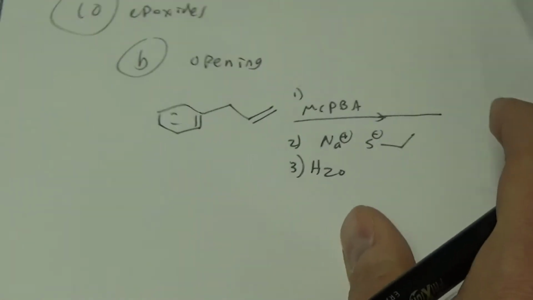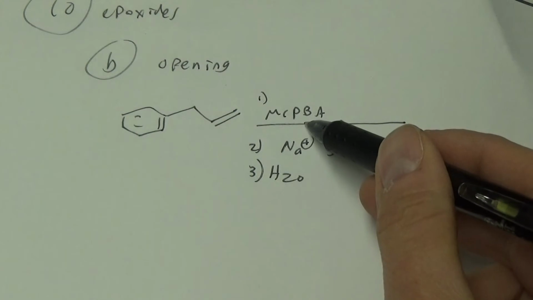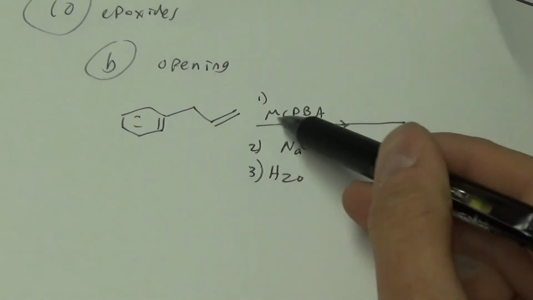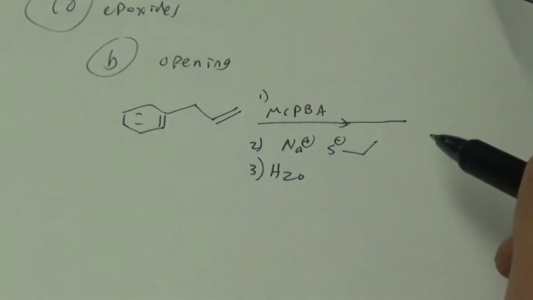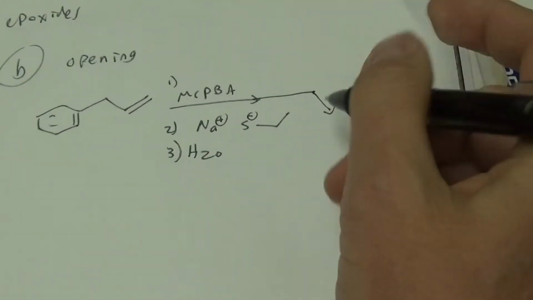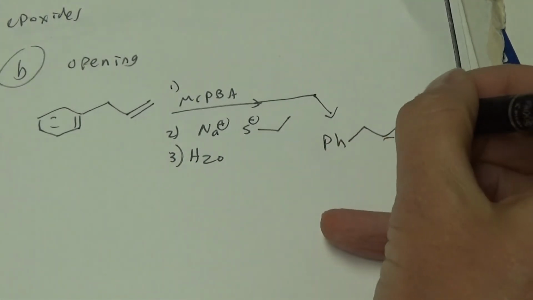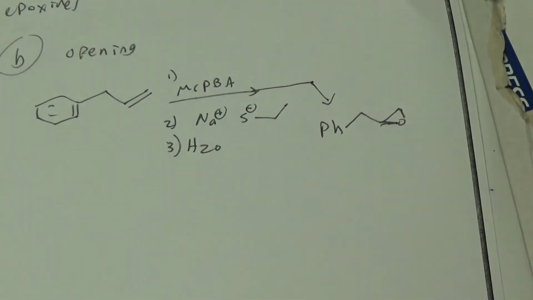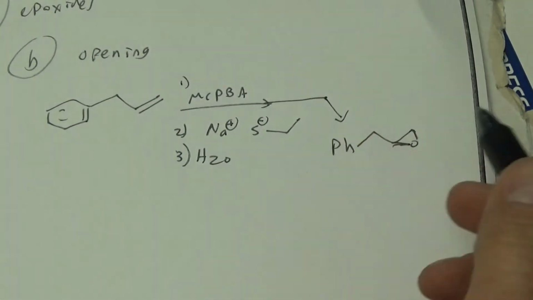So what's going on here? Step 1 makes the epoxide, right? That's what we know, mCPBA makes epoxides, and then this thing is going to attack the epoxide, and then we're going to protonate the oxygen. I'm going to abbreviate the benzene as Ph. There's the epoxide. mCPBA makes the epoxide.